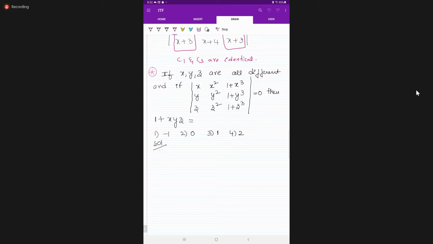Sum of two terms can be written as sum of two determinants. Students, are you following? Yes, ma'am. Sum of two terms can be written as sum of two determinants, right? Yes, ma'am.